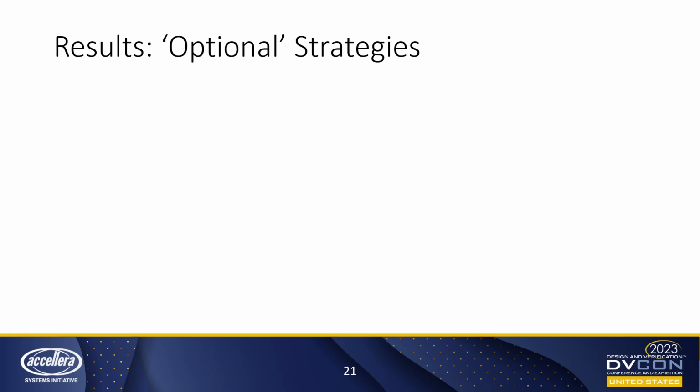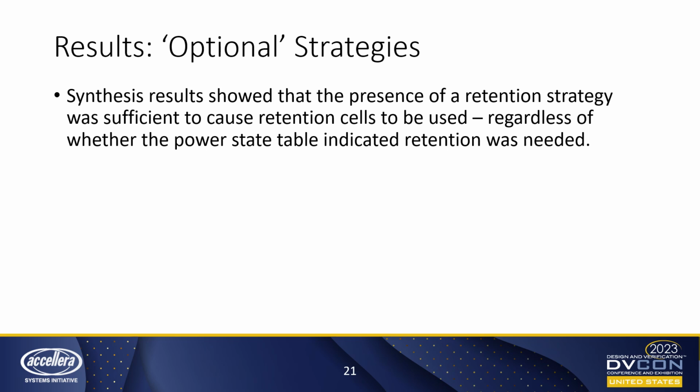Now let's see how we fared with optional strategies, specifically retention strategies. Recall in our case how C2 has a retention strategy that's unneeded. Synthesis results showed that just the presence of the strategy was enough for retention cells to be instantiated. Having a power state table that indicated the domain would never be switched off made no difference.